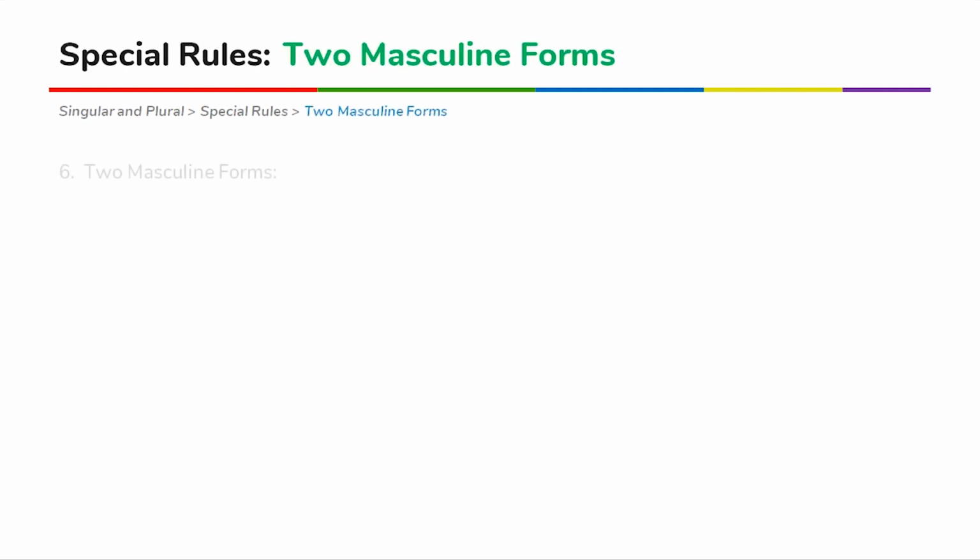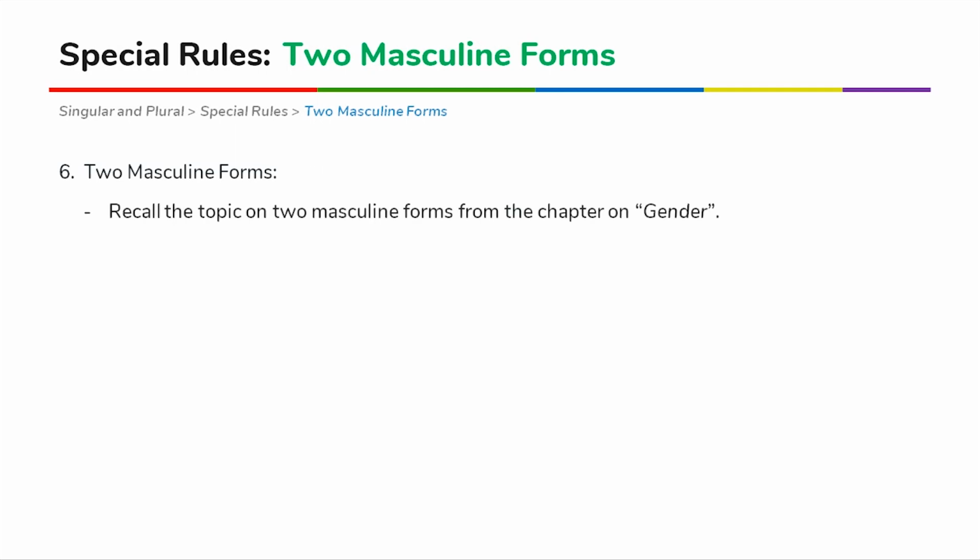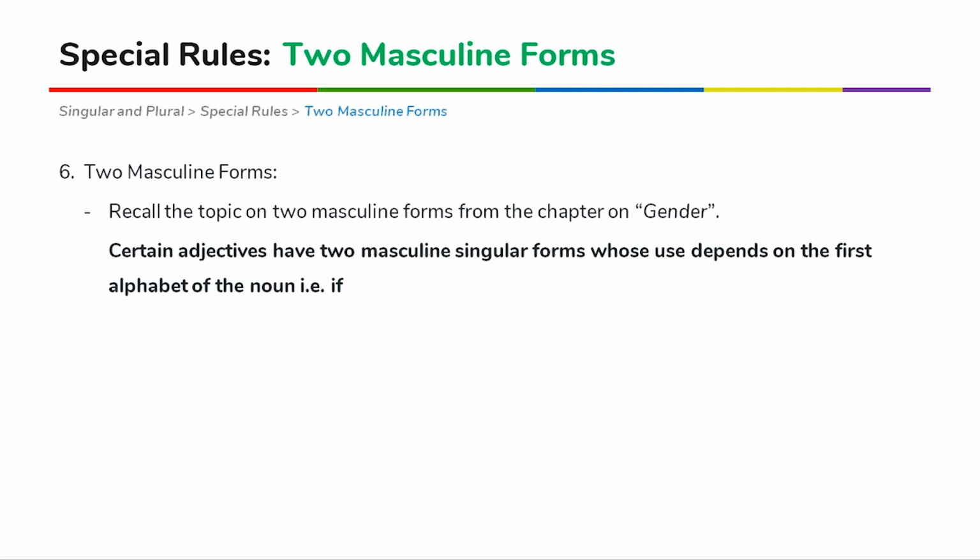Two masculine forms. If you recall the chapter on gender, it covers a topic which specifies that certain adjectives have two masculine singular forms whose use depends on the first alphabet of the noun. That is, if the noun begins with a vowel or silent H, or the noun begins with a consonant.